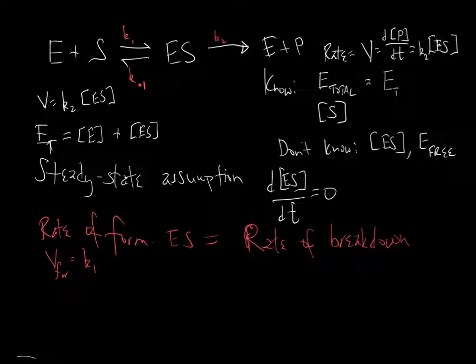Then, because remember, every rate V is equal to at least one little k, if not more than one little k, times a concentration. So when we look here at how to make ES, its formation depends upon the concentration of what? E plus S, E and S. So that means you literally, because it's a second order reaction, if you think back to Gen Chem, this is what it looks like.